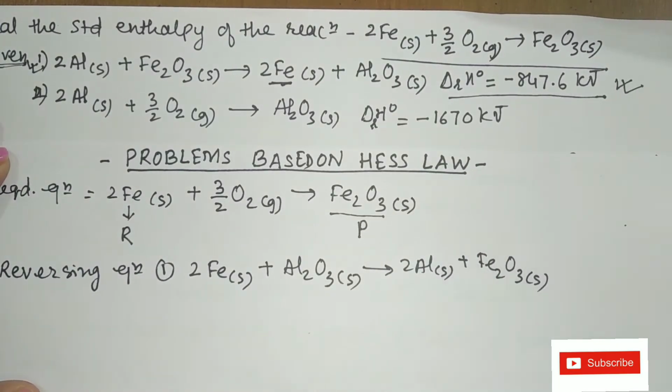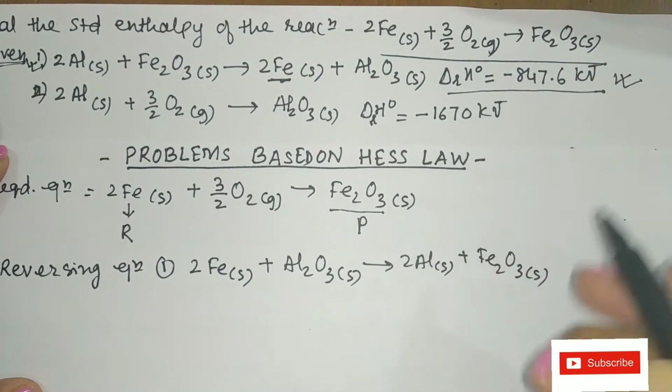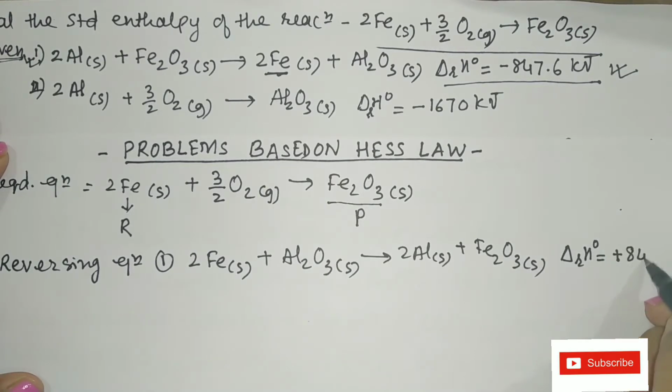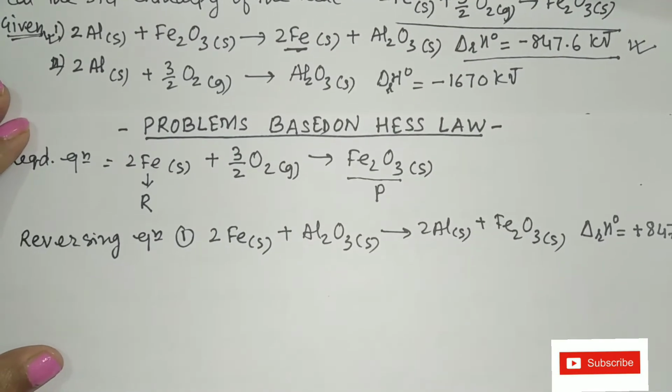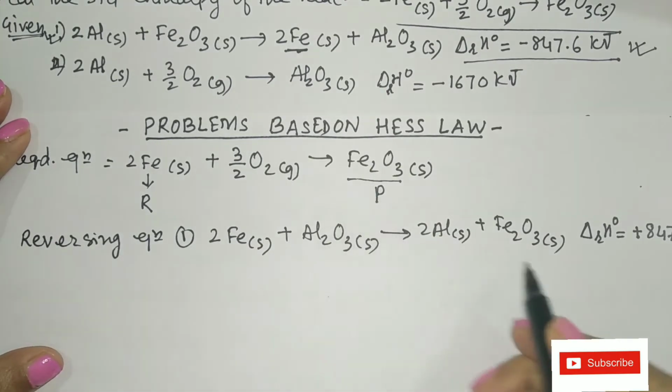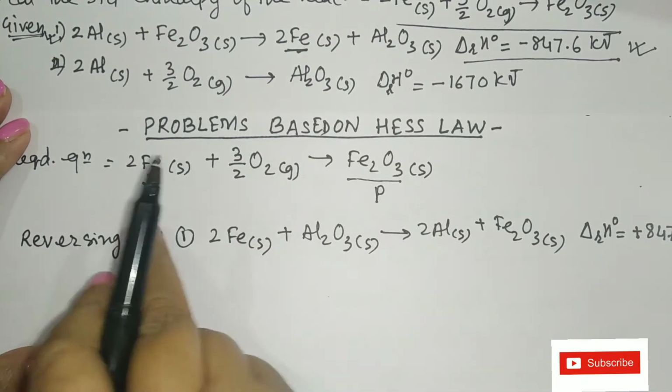Now how do you reverse the enthalpy? Simply change the sign. So the enthalpy for this reaction will now become plus 847.6 kJ. So I have reversed the first equation. By reversing the first equation, I got 2Fe here and I got Fe2O3 also on the product side. So my purpose is served.